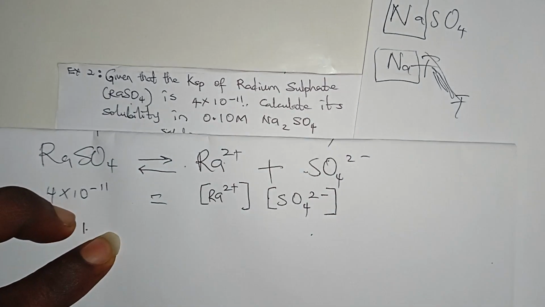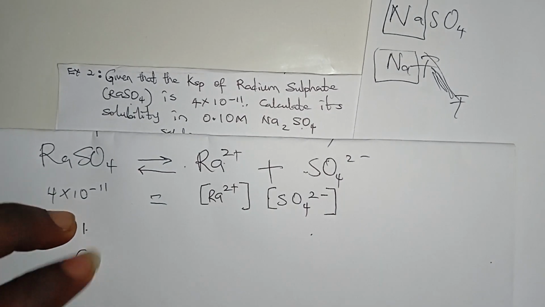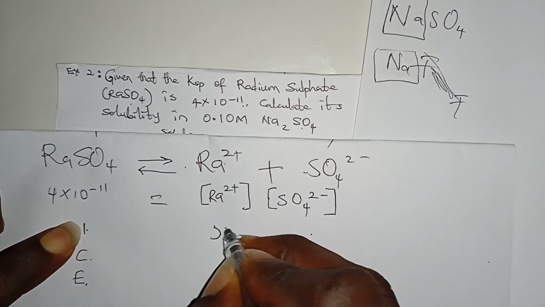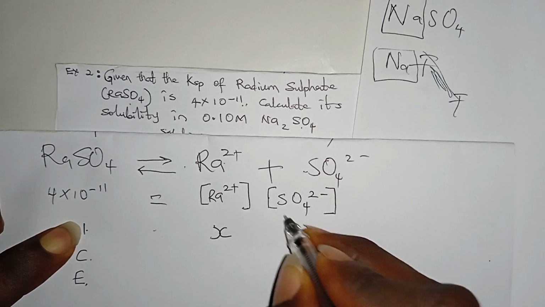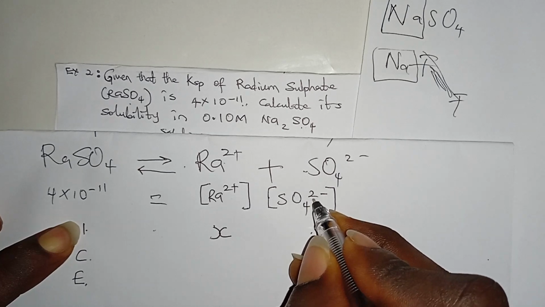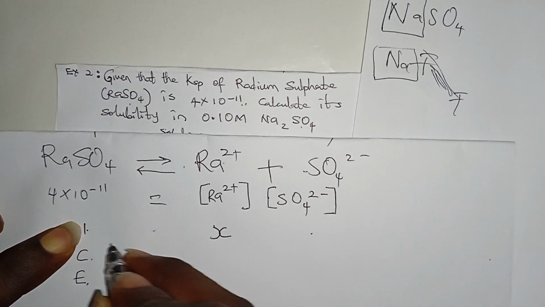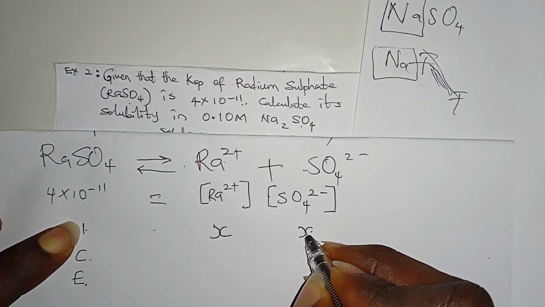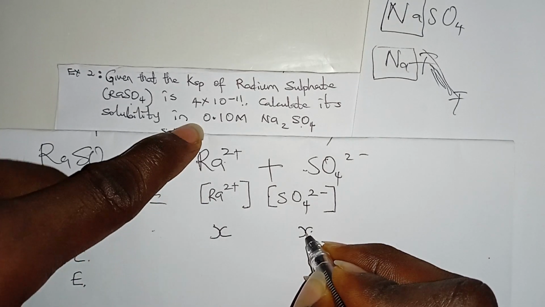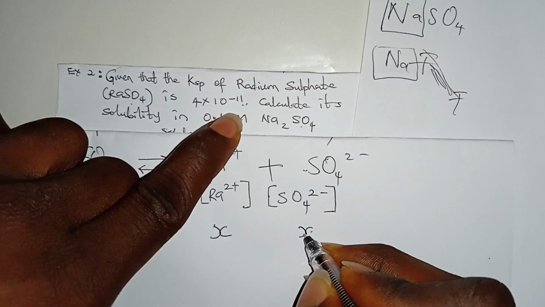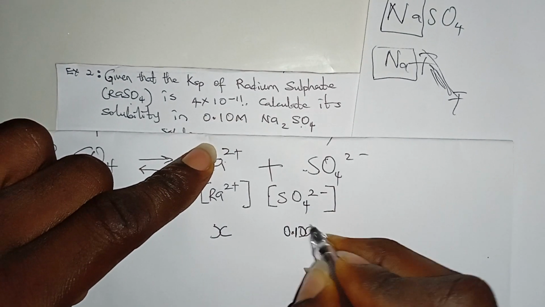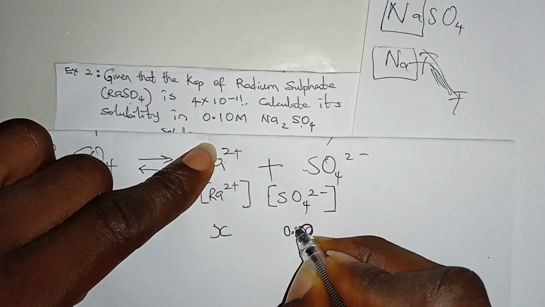Sodium is not found in radium sulfate, so this sulfate is already here. So the initial concentration I have is simply that radium is 0, but this SO4 2- initially is 0.10 M and not 0.